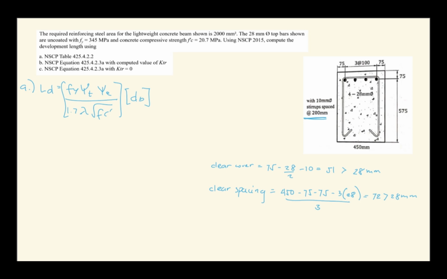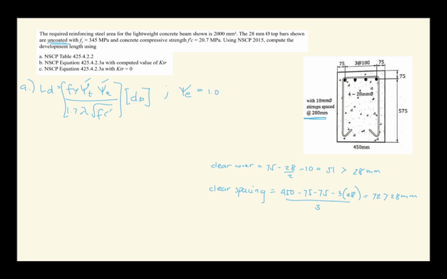Now we have to determine the casting position factor and the coating factor. As given in the problem, the reinforcement were uncoated, and so this factor is equal to 1.0.